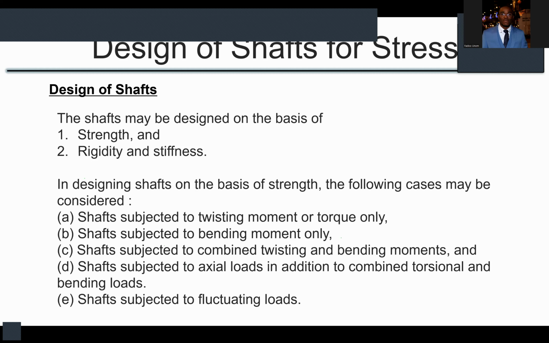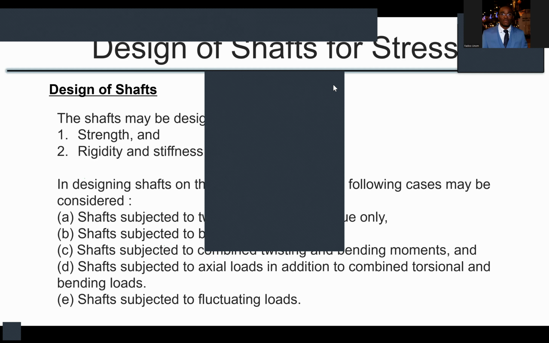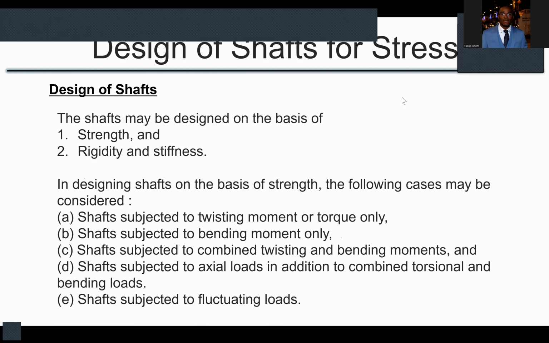You want your shaft to be strong enough to carry all the forces that it needs to carry. So when you are designing on the basis of strength, that's what is in mind. I do not want my shaft to fracture because it doesn't have enough strength.